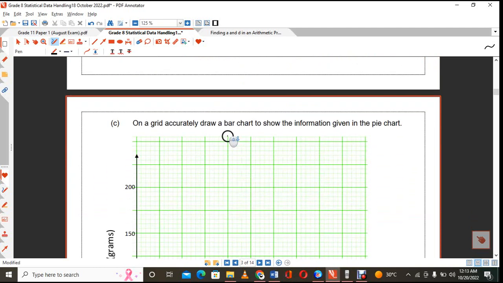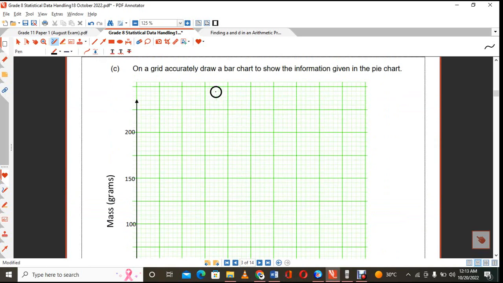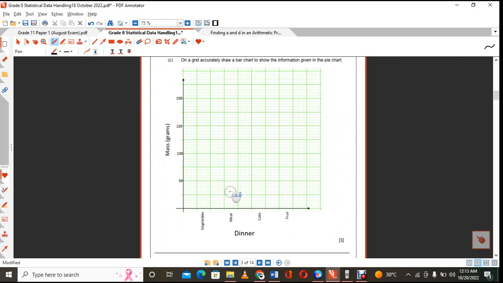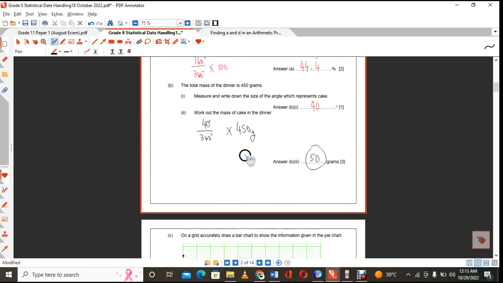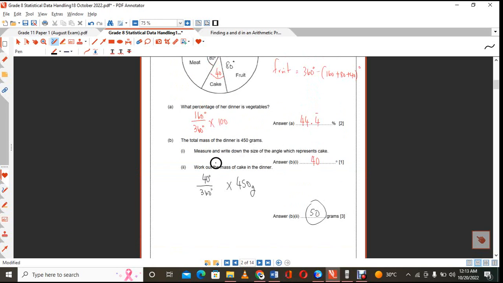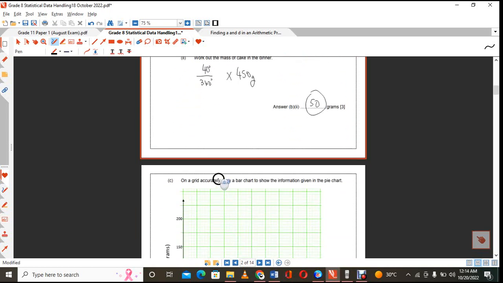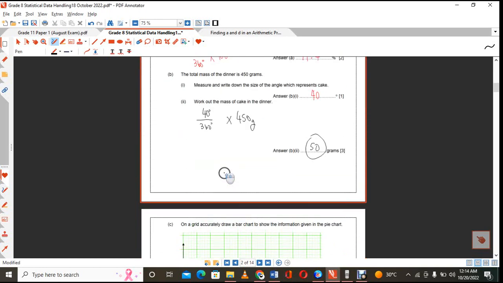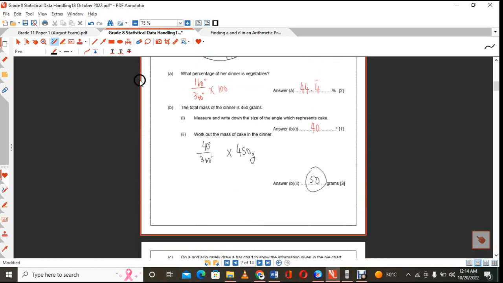Then now they say on the grid, draw accurately on the bar chart. Draw accurately a bar chart to show the information given. So this is the mass. Vegetables, well, we didn't calculate the mass of vegetables. So I'll probably say, let us find the veggies. So let us do that over here.